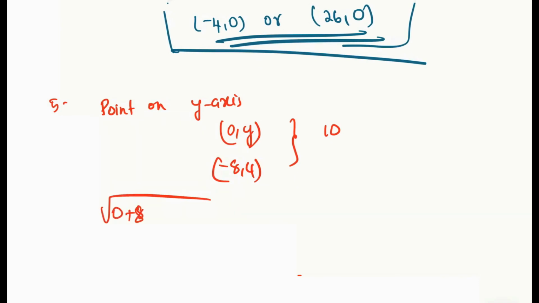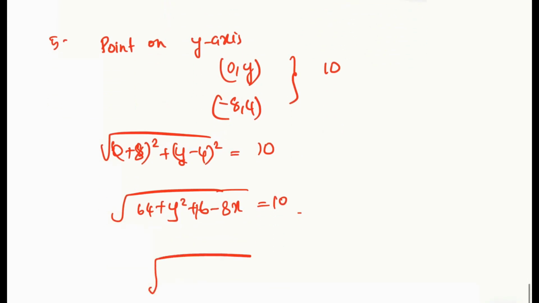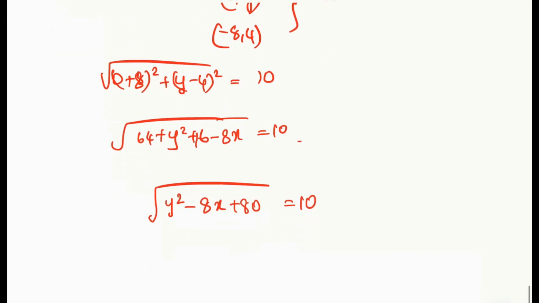(0 minus of minus 8), that is 0 plus 8, whole square, plus (y minus 4) whole square, equal to 10. So you get root of 64 plus y square plus 16 minus 8y equal to 10. So you get root of y square minus 8y plus 80 equal to 10.